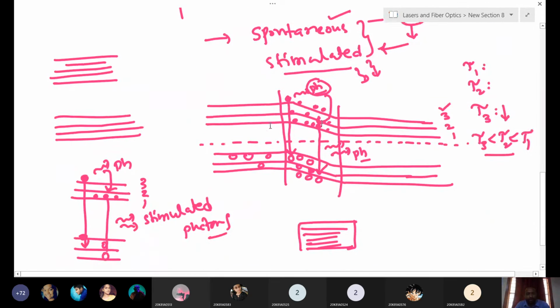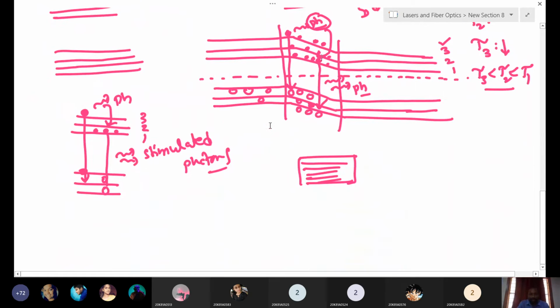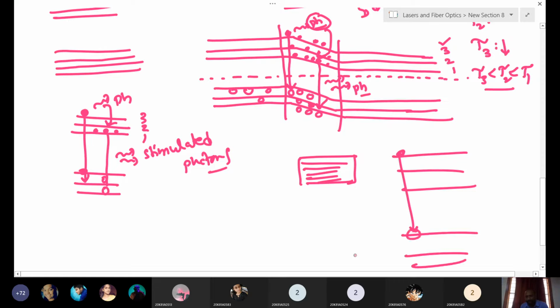Yes, sir. So the thing is, a band means many states are there. The higher energy state has less lifetime, so electrons come down first, recombine with holes and emit the photon. These are spontaneous photons. In the lower energy state, electrons are also there, but their lifetime is higher, so they stay for some time.